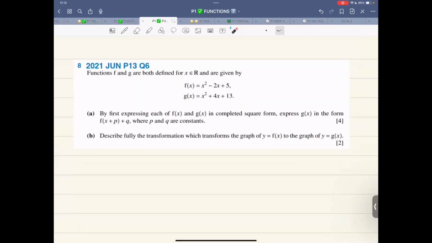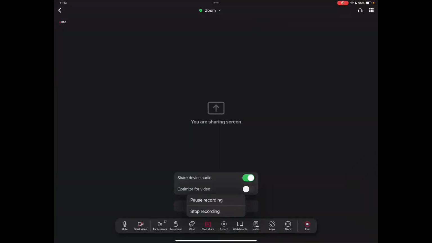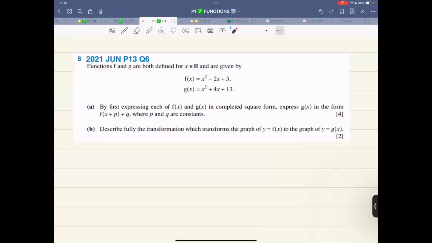Now, another question over here, and I would like you to try it out. So let me just pause the recording. So now let's have a look at this. It says functions f and g are both defined for x as an element of real numbers and are given by f(x) as this and g(x) as this.